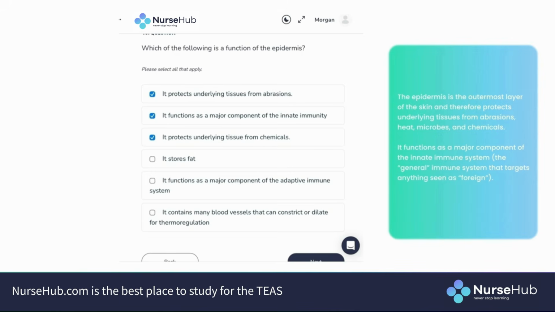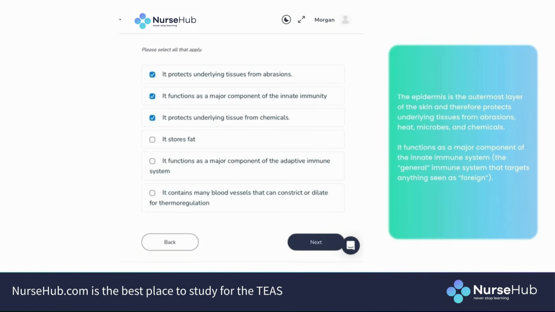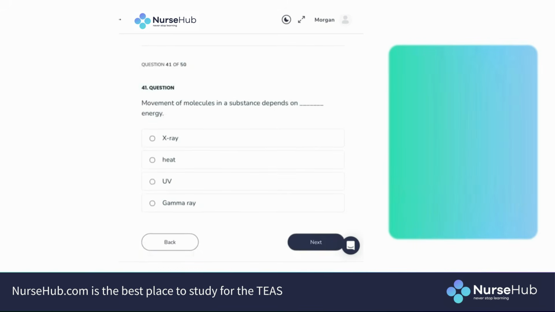Adaptive, in that it doesn't change or discriminate against what it allows in. It disallows everything from coming in. So that means I can also eliminate answer choice 5, that it is a major component of the adaptive immune system. This layer of skin does not contain blood vessels, so I also know the last answer choice is incorrect. And the lipid-containing cells are found in the subcutaneous layer. So I also know that the fat storage option is incorrect. I can go ahead and move on to my next question.